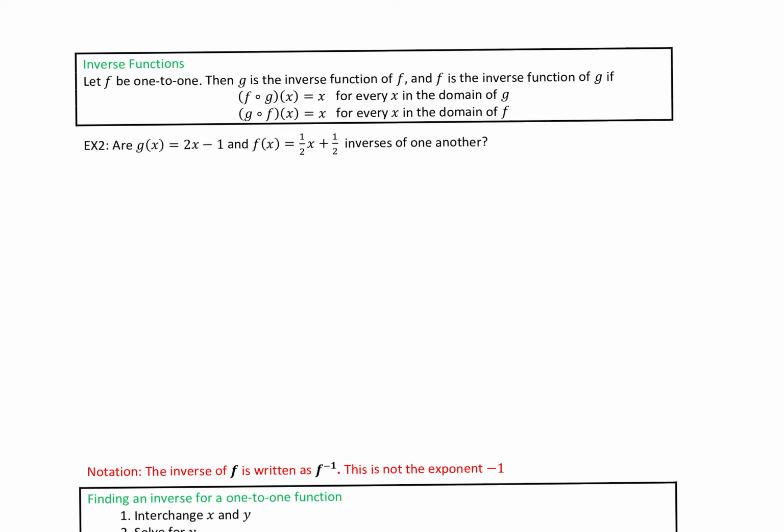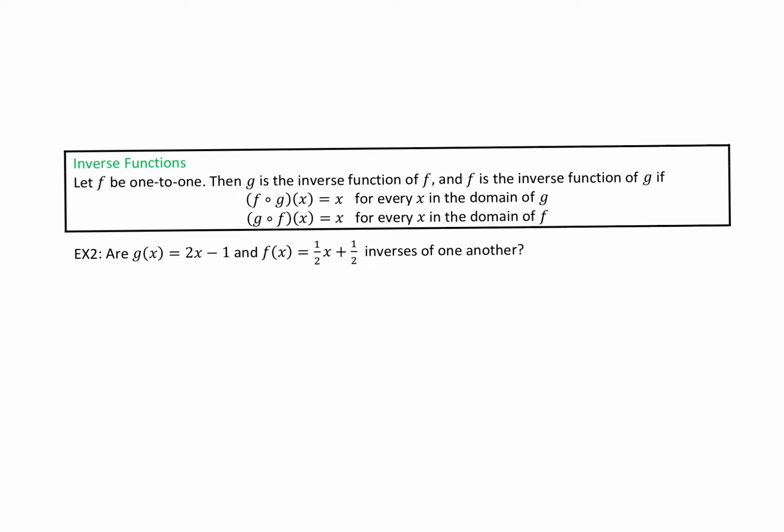Okay, so we talked about a function being 1-to-1. If a function is 1-to-1, then it's going to have an inverse. And inverses are very important. They undo each other. So for example, if I have some function f, and here is its domain, and I have some x in the domain, it's going to take that x and give back a y in its range.